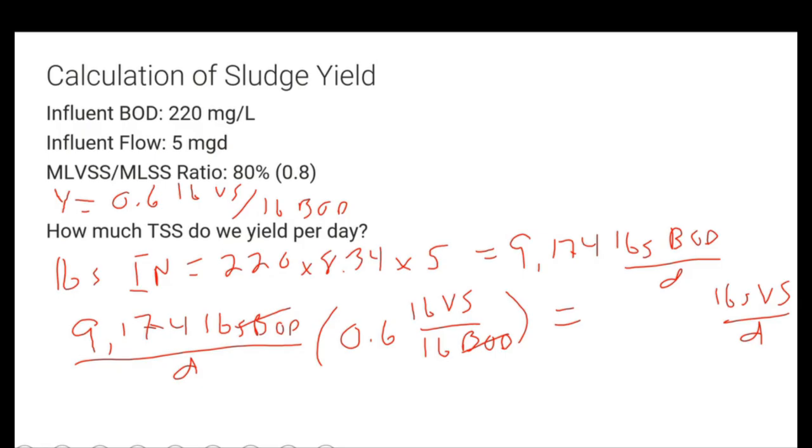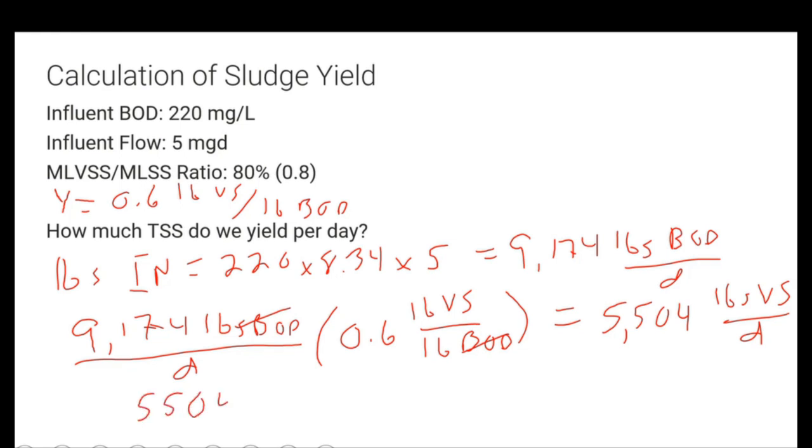Times 0.6 gives you 5504. It's the same. You just take all of that, multiply it, and you get the 5504. All of that times 0.6 gives you 5504. That's what I did originally.